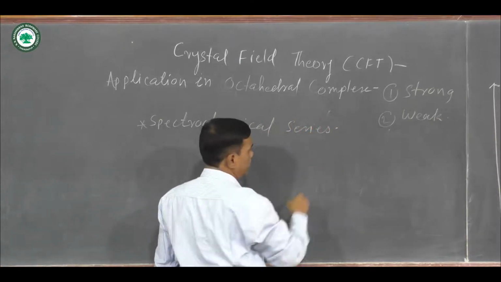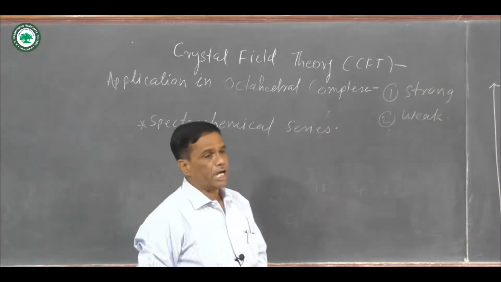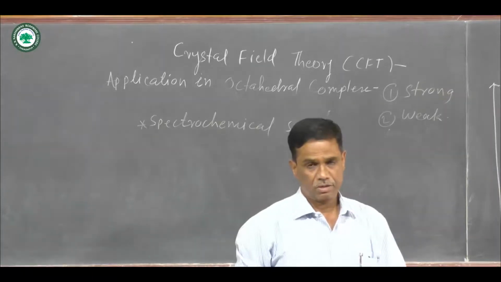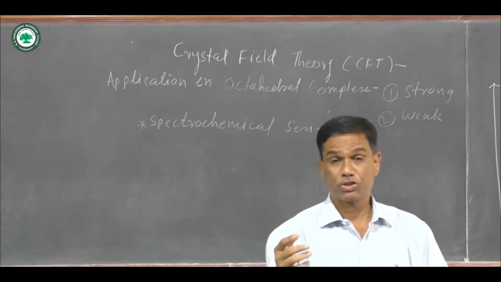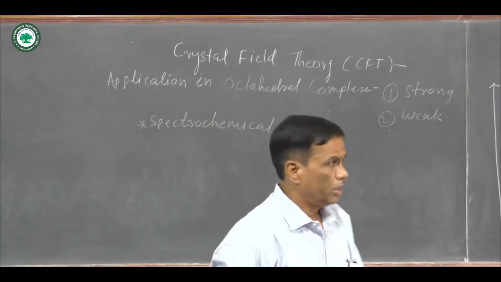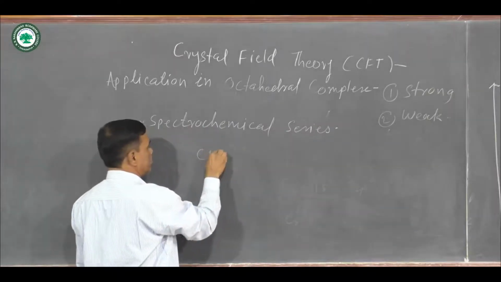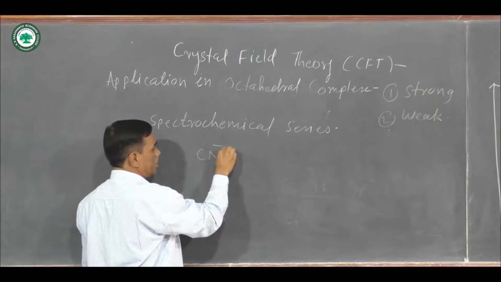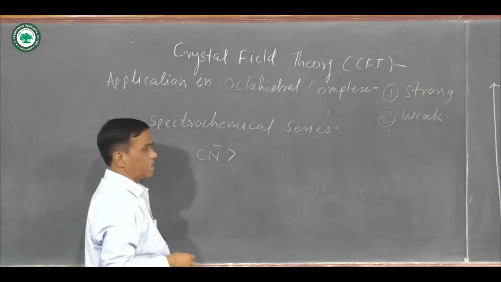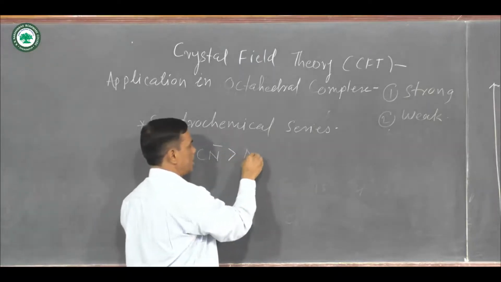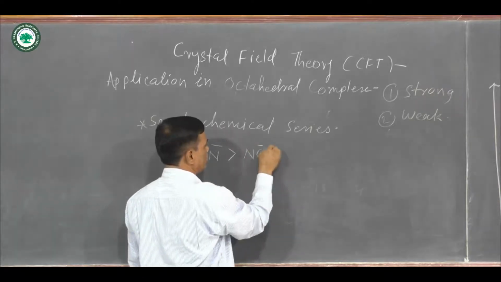In the spectrochemical series, there is an arrangement of ligands on the basis of strong field and weak field. Suppose there is a cyanide ligand, CN minus. Here, splitting is higher as compared to the nitrite ligand, that is NO2 minus.